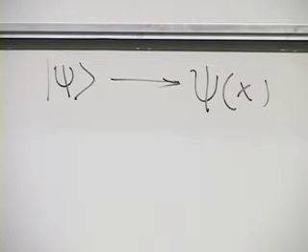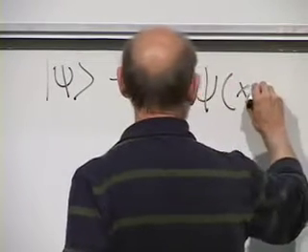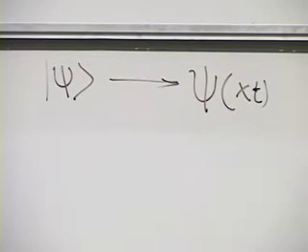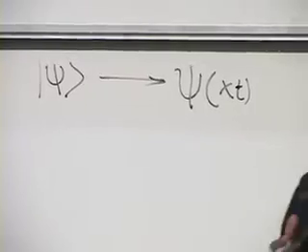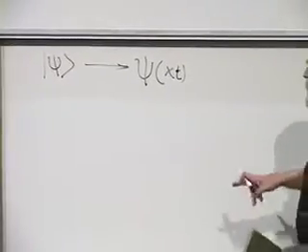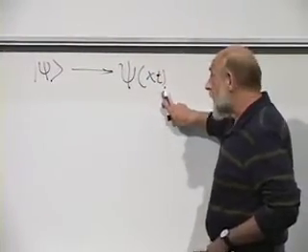Its square tells you the probability for finding the particle at different locations. But of course, it's also implicitly a function of time. It changes with time. Its dependence on time is logically of a different kind than its dependence on space. The state vector is psi of x, but the state vector changes with time.